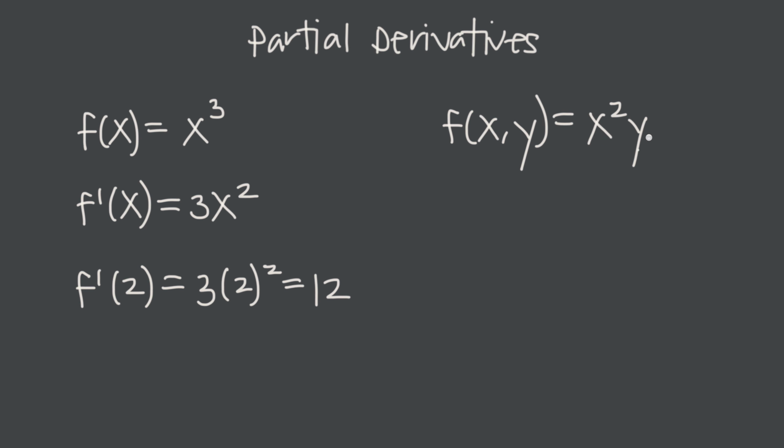We can take the partial derivatives of this function, and together those partial derivatives are going to tell us the slope of the original function. Those partial derivatives will model the slope at any particular point. And just like in this problem we wanted to see what the slope was at x equals 2, so we plugged 2 into the derivative function, we might want to find the slope of this function at the coordinate point (2, 3).